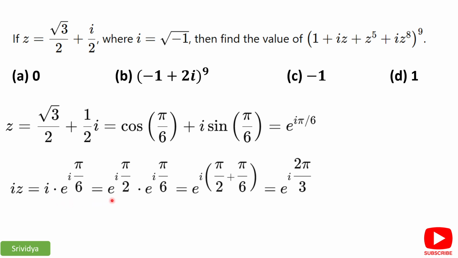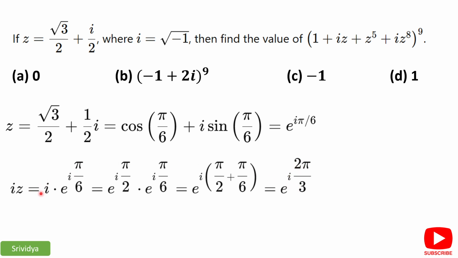In Euler form or exponential form, it is e to the power of i into pi by 2. Now, applying the law of indices, you get e to the power of i into pi by 2 plus pi by 6, which is equal to e to the power of i into 2 pi by 3.